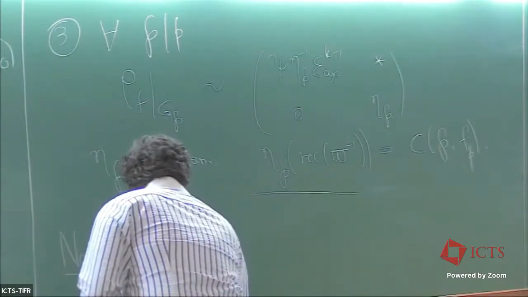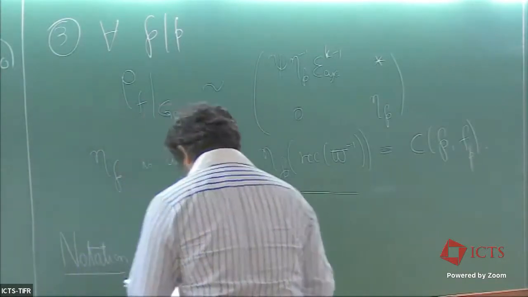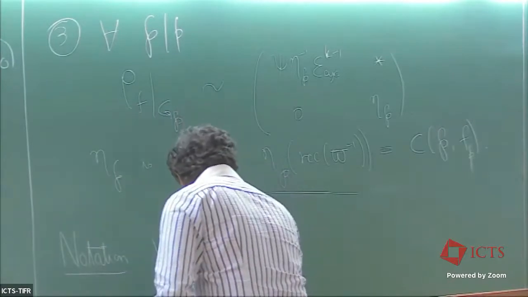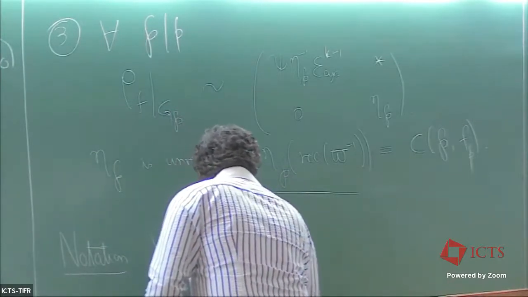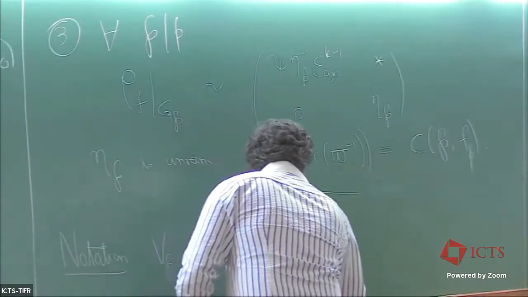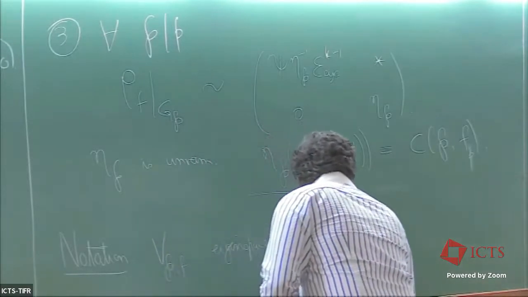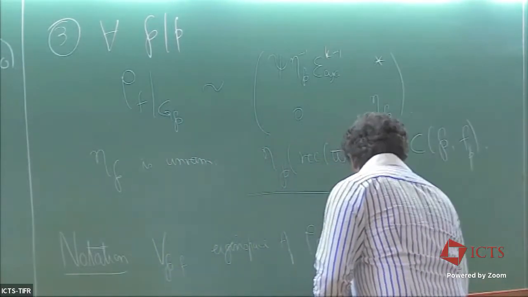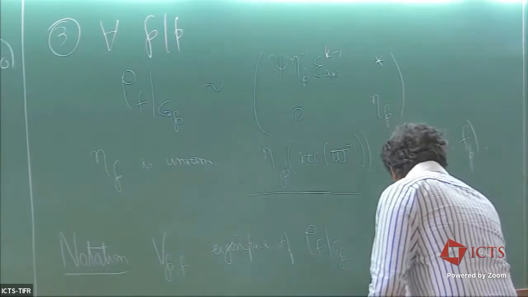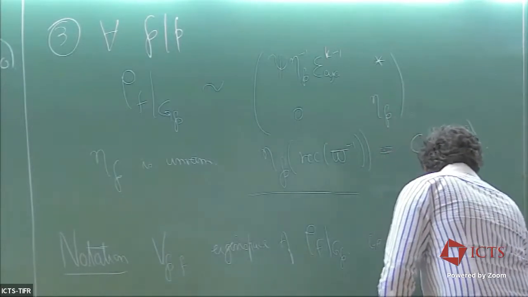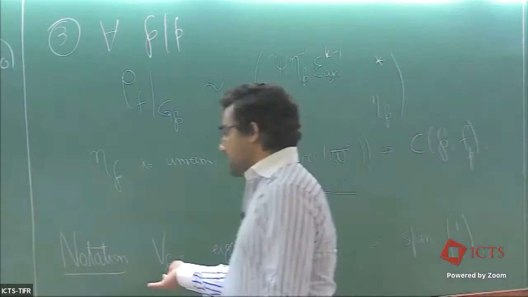Okay, so V_p(f) is the eigenspace of rho_f restricted to G_p. This just simply means the span of (1, 0). Okay, so very explicit thing.